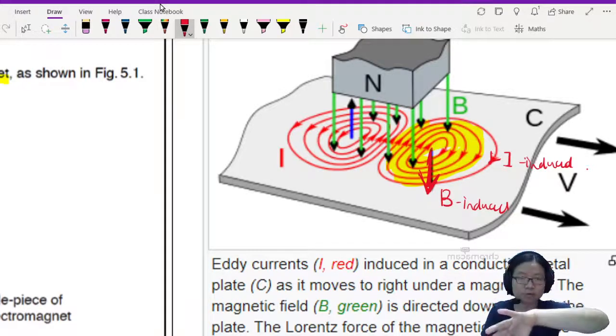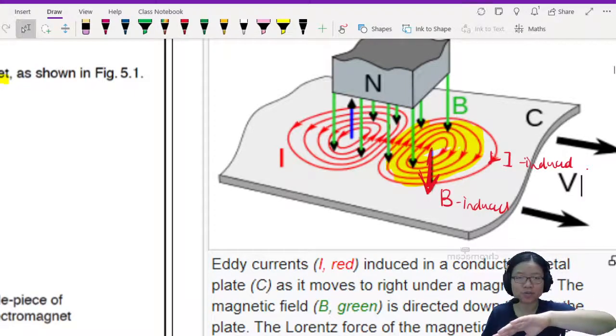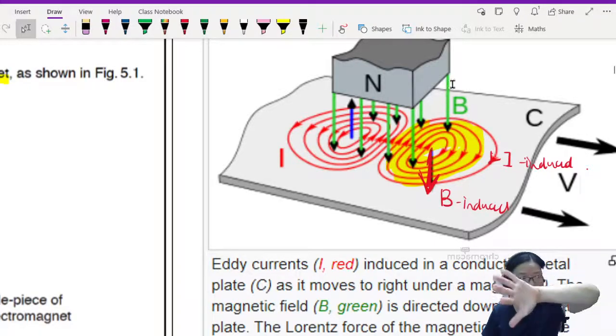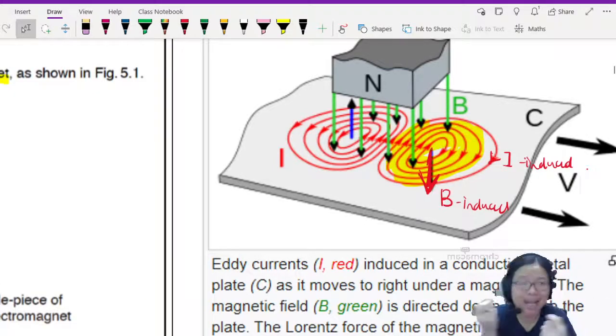Okay, so if you follow this, your finger will point this way, pointing into the screen, then out away from the screen. So when you curl this way, into and out, your thumb is pointing downwards. Use your right hand grip rule, you see your B is going down. So this is in accordance with Lenz's law.